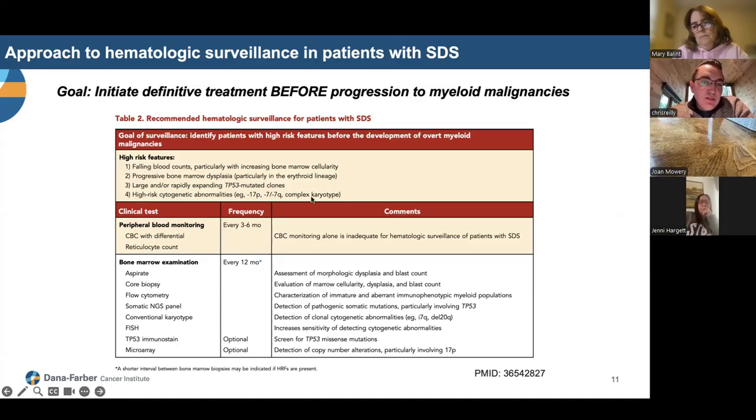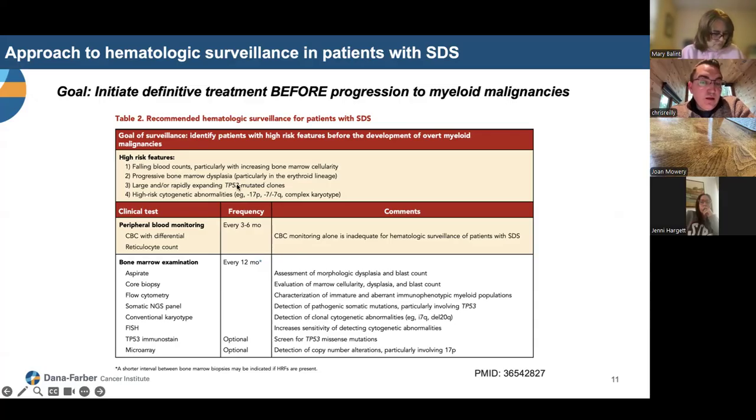I'm just listing these here. This includes when we look at patients that have fairly normal or stable blood counts, and those start to change over time. When the bone marrow cellularity starts to be a little bit more increased as opposed to decreased, those are changes that we would want to think carefully about.